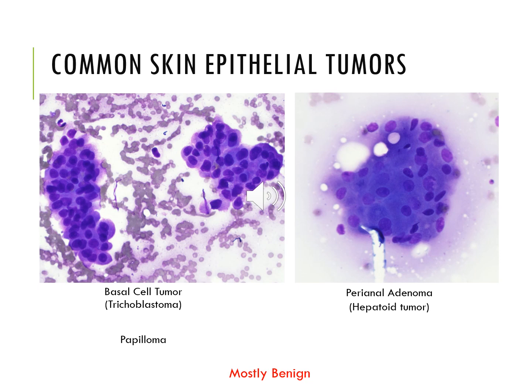These are two common skin epithelial cell tumors that behave mostly as benign. The first is what we call basal cell tumors, and there's quite a few specific tumor types in this overall category. But cytologically, we can usually only call them basal cell tumors, and then we'll recommend biopsy and histopathology so they can further differentiate it out.